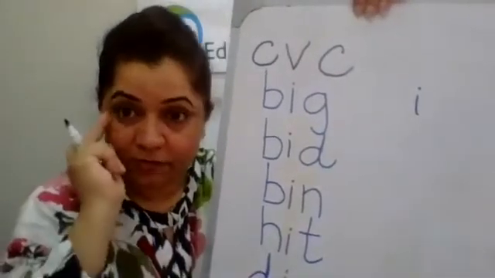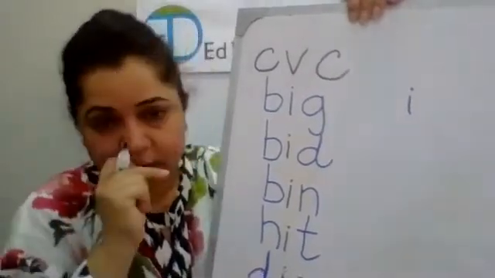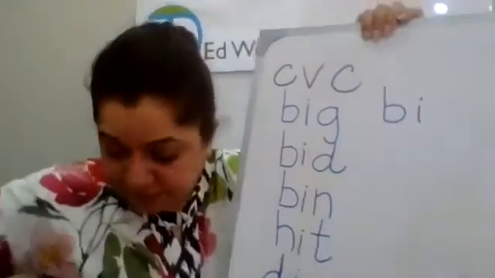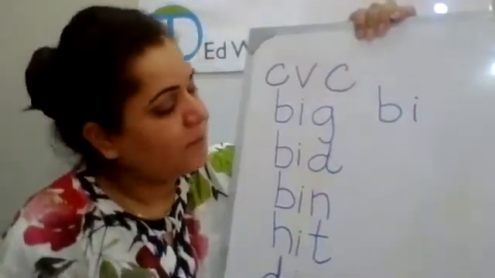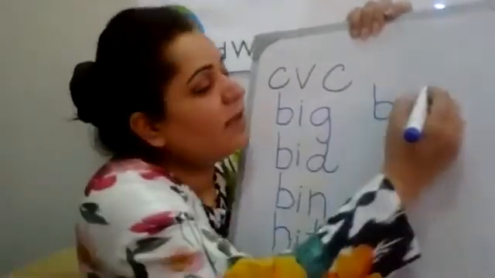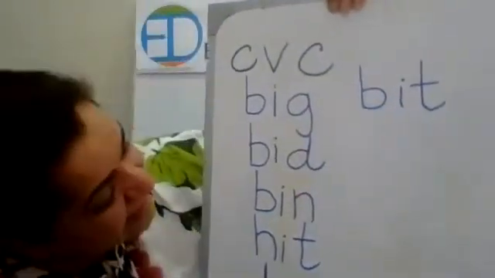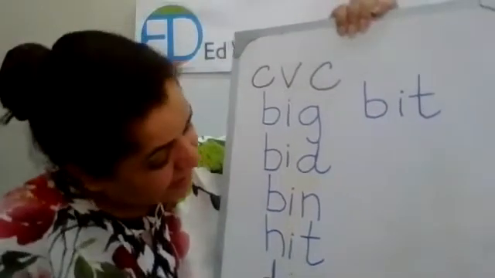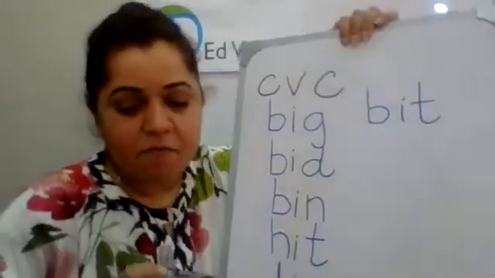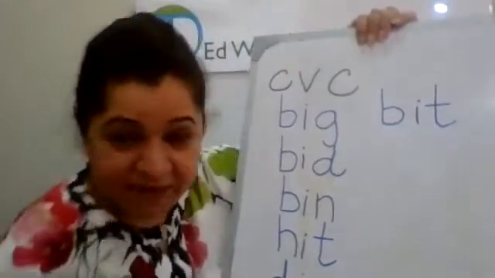Now I will write another over here. I. Now you're going to give me two consonants. Again, B. B, I, T. Bit. Yes, this says bit. We did hit and we did bit. Good. We can make another word.